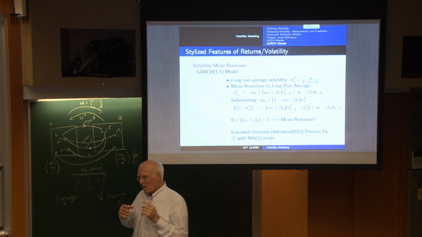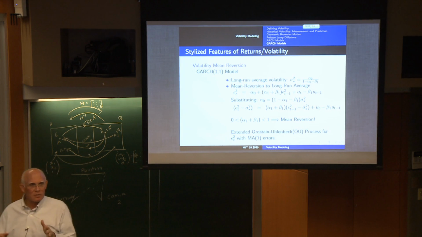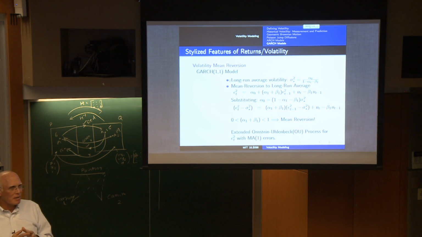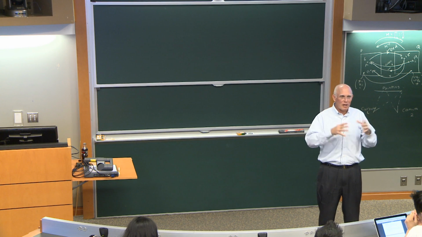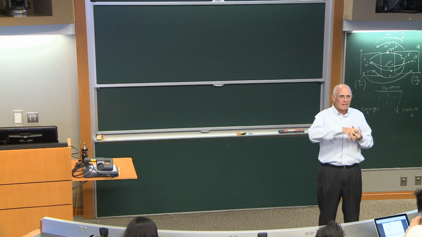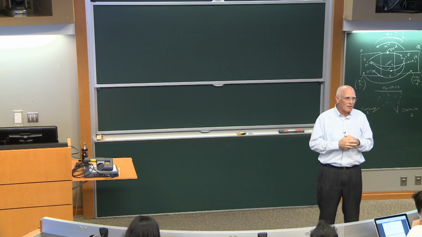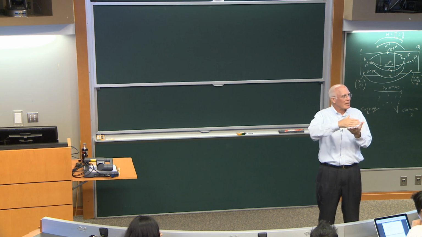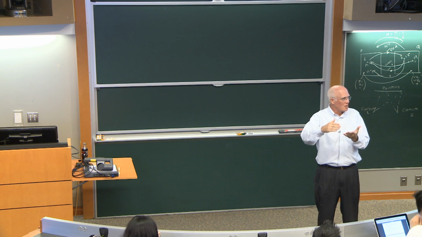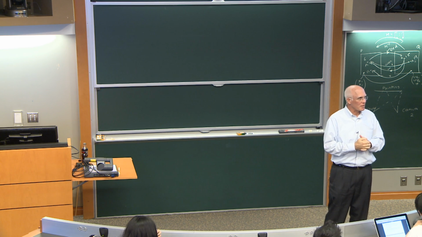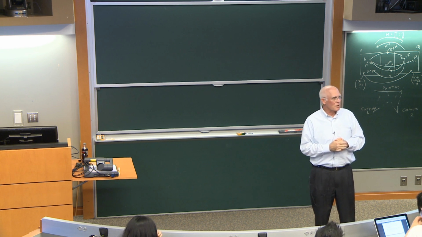So if we build forecasting models of volatility with GARCH models, what's going to happen? Basically, in the long run, we predict that any volatility value is going to revert to this long-run average. And in the short run, it's going to move incrementally to that value. So these GARCH models are very good for describing volatility relative to the long-term average.